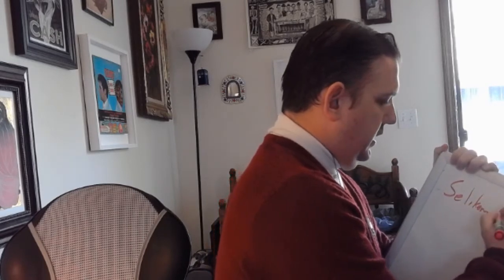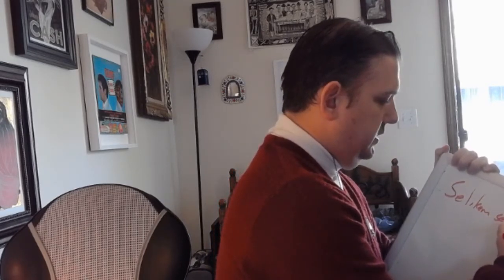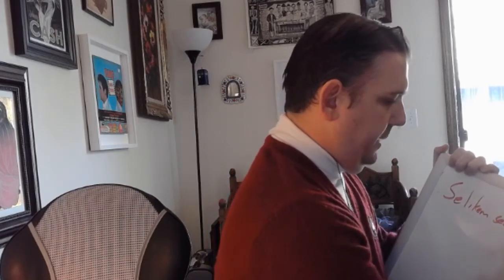So the basic pattern that we're going to try to account for, we're going to start by looking at what are known as raising constructions, and then we'll expand our view into control constructions. The basic pattern we're going to look at are sentences like "Selicum seems to be happy."